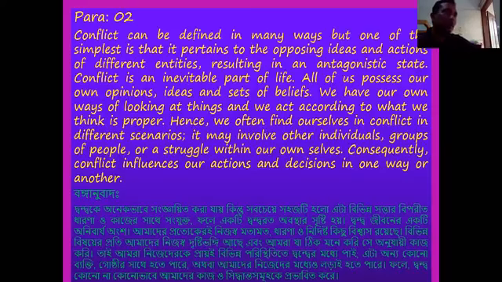If you are done with reading the para and the Bengali translation, let me know. If you want, you can take a screenshot. Saurabh, are you done with reading the lines and the Bengali translation?